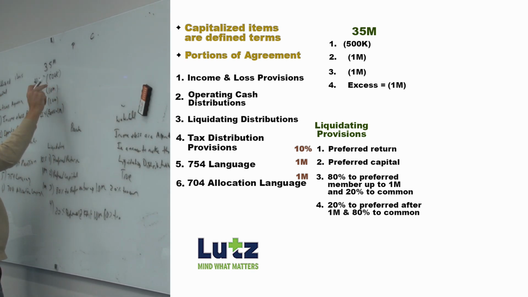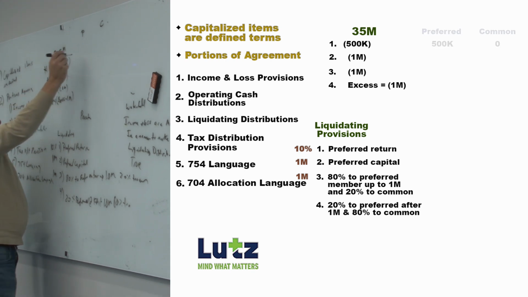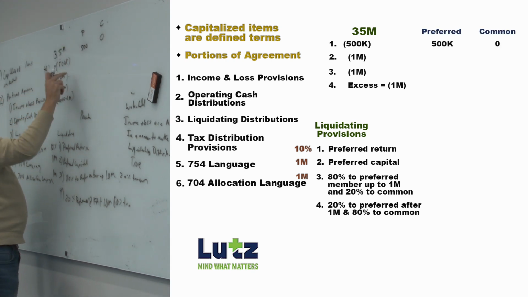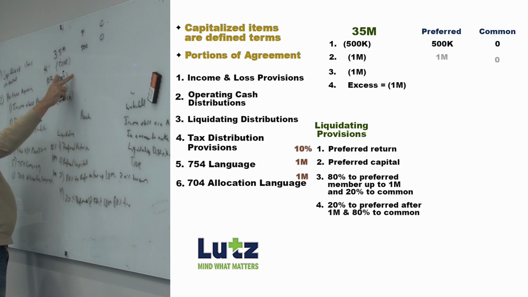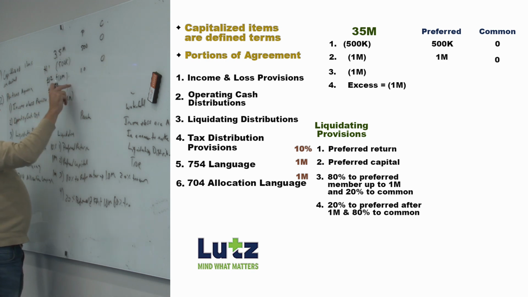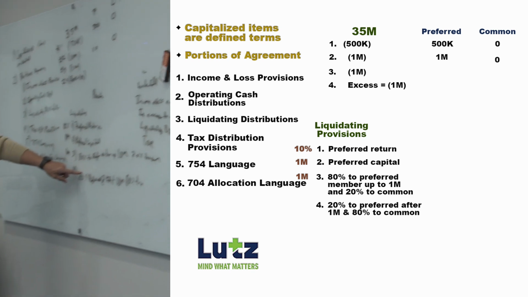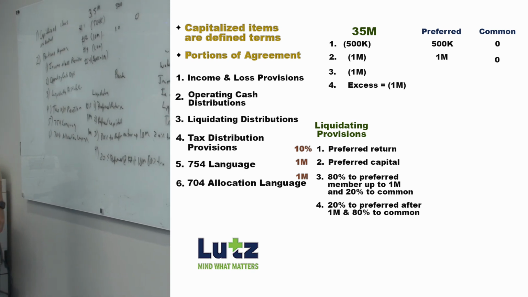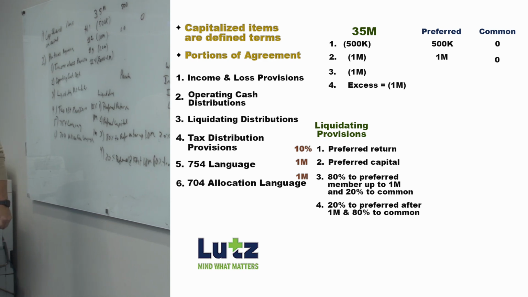Our preferred member, how much do they get of the 500? All of it. How much common get? 0. Of the million, how much does the preferred member get? All of it. How much common get? 0. Okay. Of tranche 3, what's my rules? 80-20. So who gets 80%? Preferred.